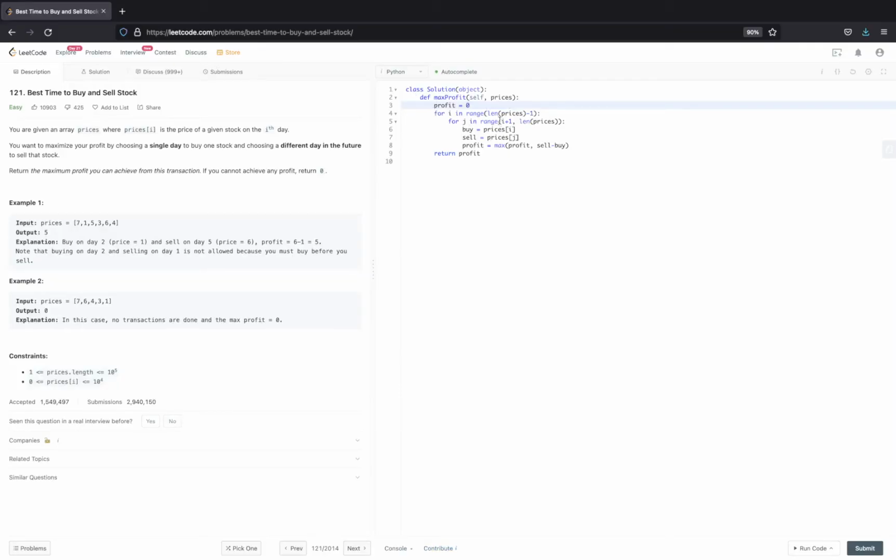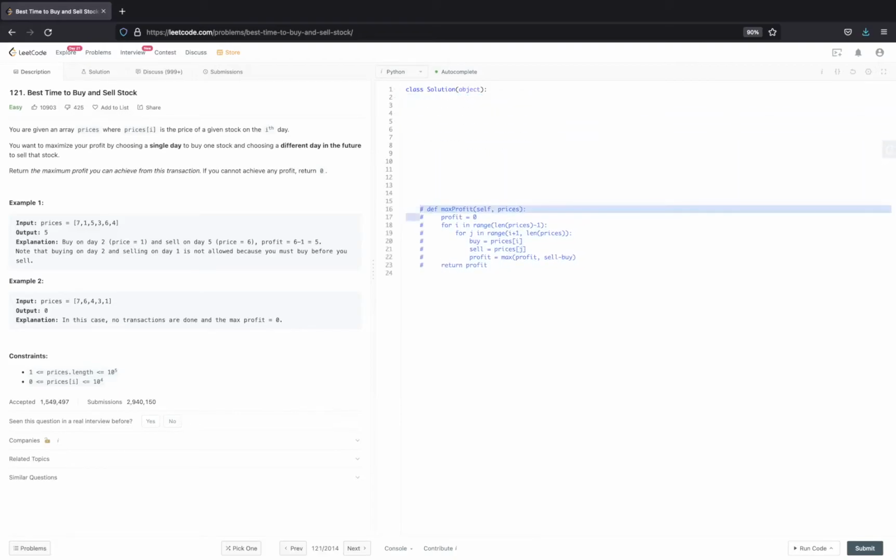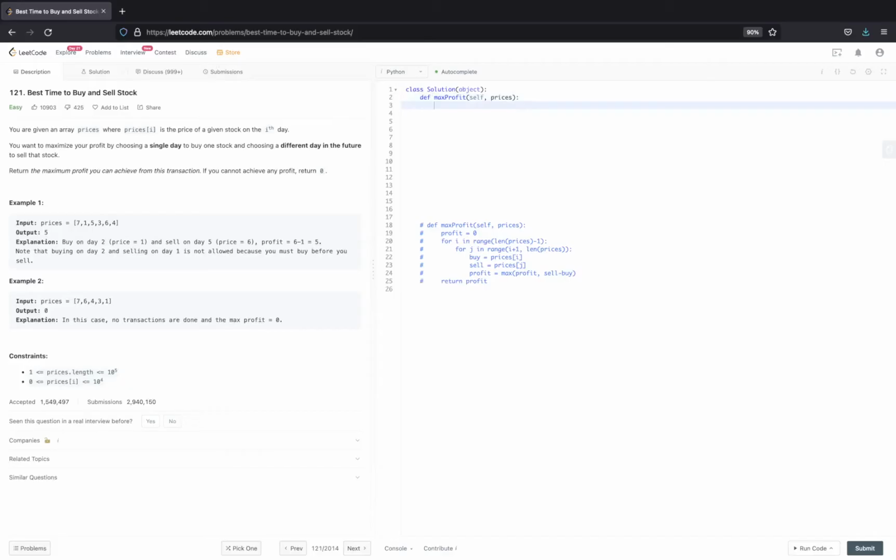Again, this brute force can be done from right to left, and then we get the order n square solution again, but I don't want to go into that. So let's comment it out and solve with the other technique, which is our order n solution, where we track the minimum element. So my profit is 0 and my minimum element is infinity so far.